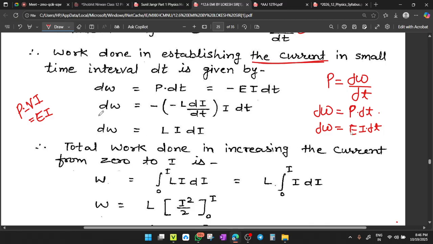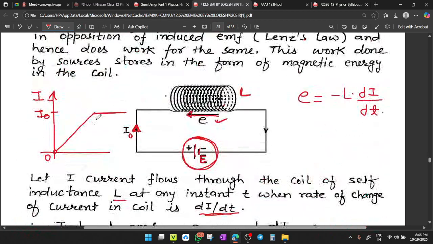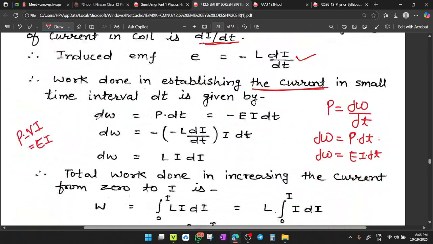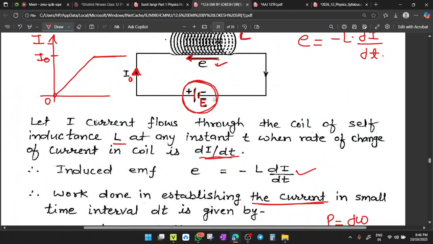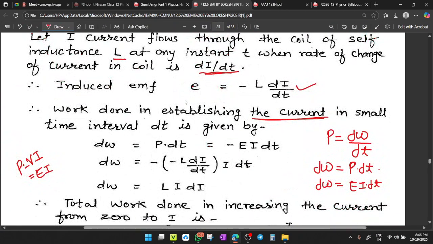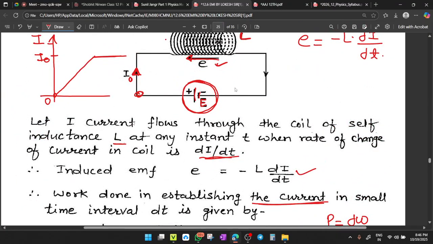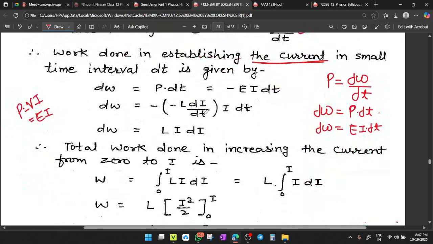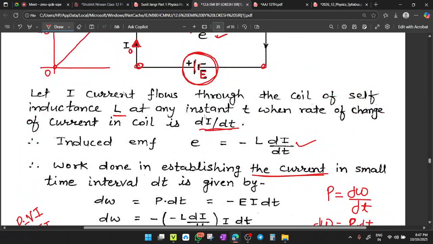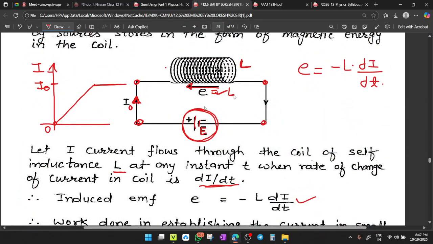Now place the value of the EMF. The EMF is equal to the induced EMF, L di by dt. As the combination is in parallel, E is equal to L di by dt amount-wise, so the same amount of voltage will be here.